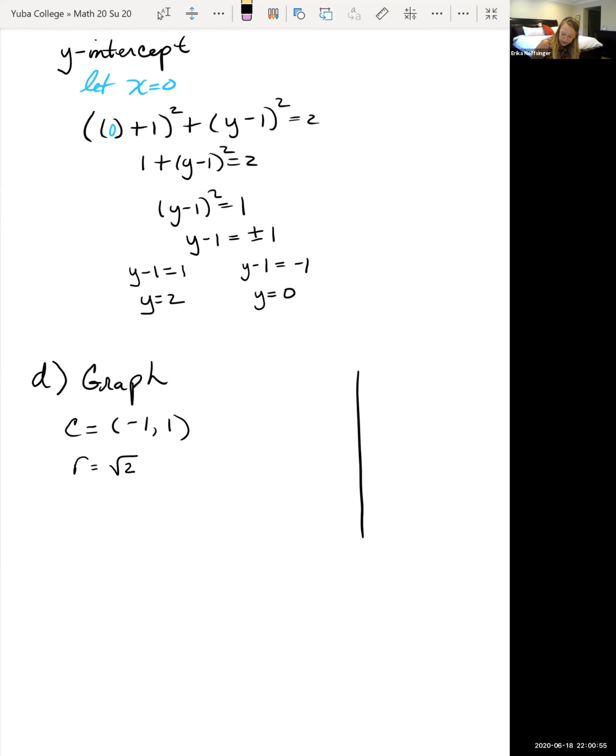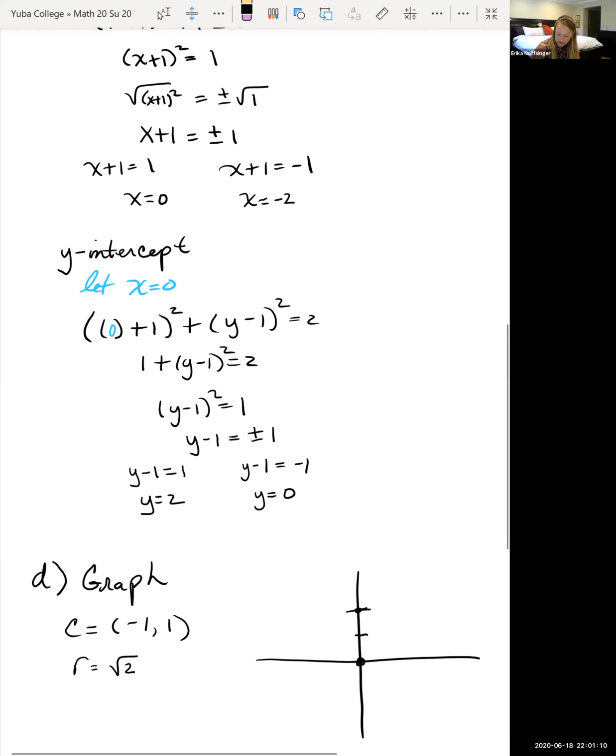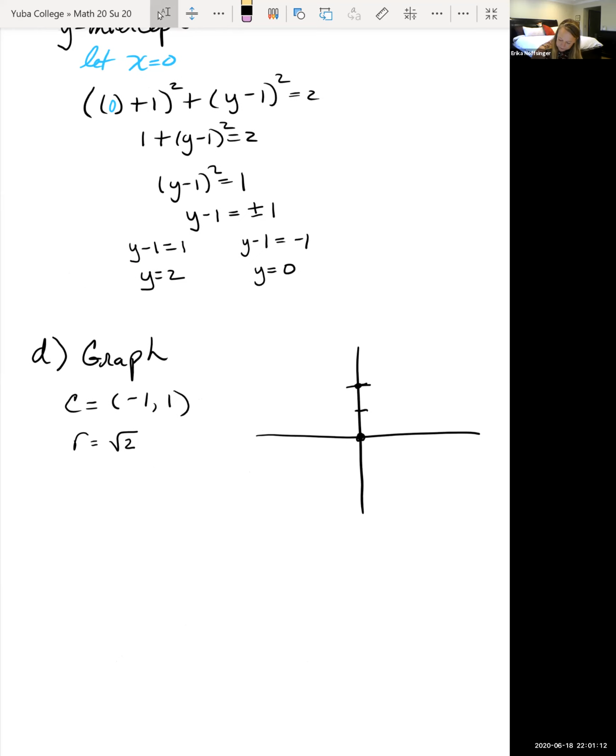But we found some really nice points. We found that when y is 0 is a point, y is 2 is a point. We also found our x-intercepts, which were 0 and -2. And we said that our center was at (-1, 1).